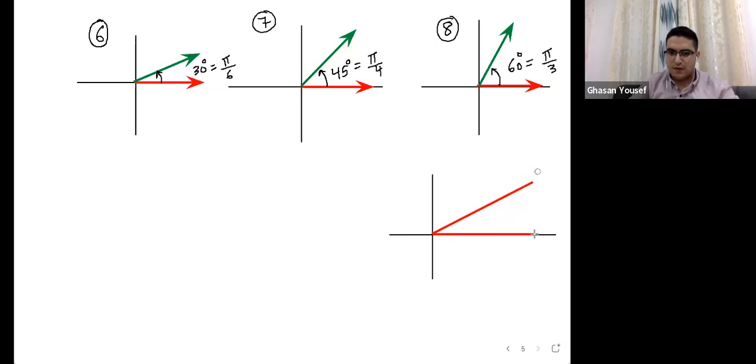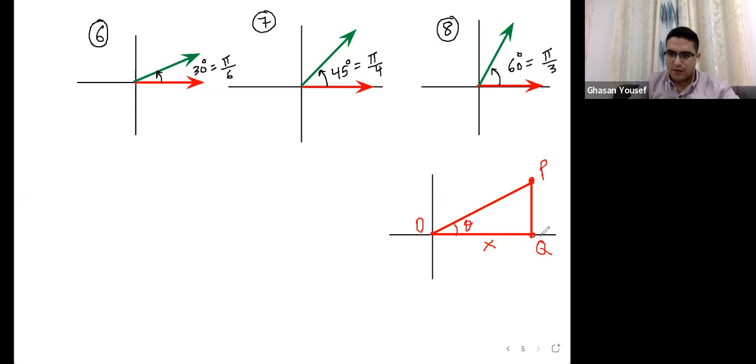This is the hypotenuse. Okay, opposite. This is my angle. Suppose the points have names: this is O, this is B, and this is Q. The length from O to Q is x.